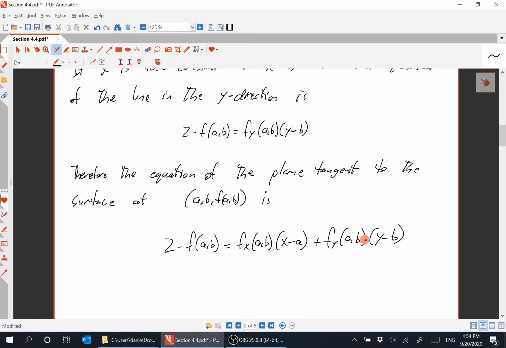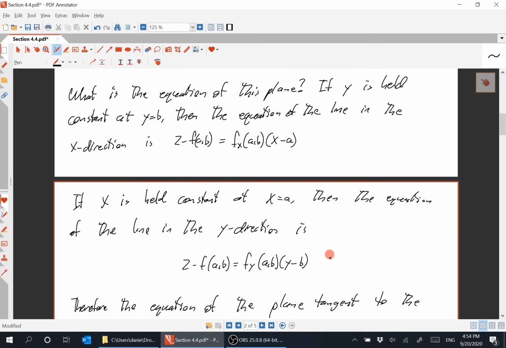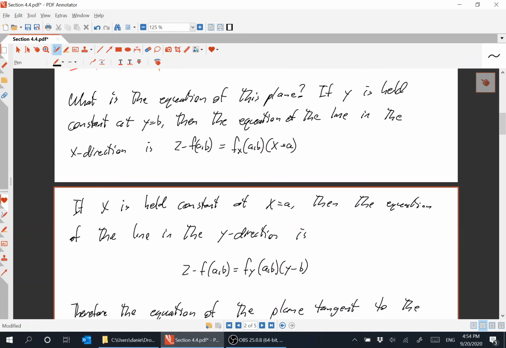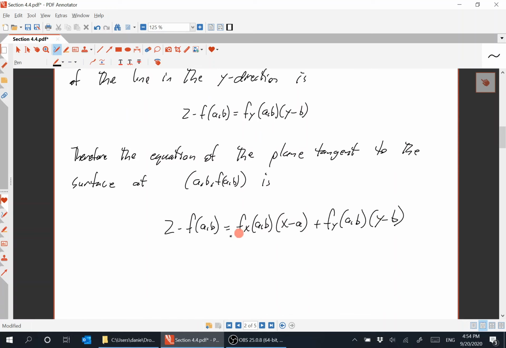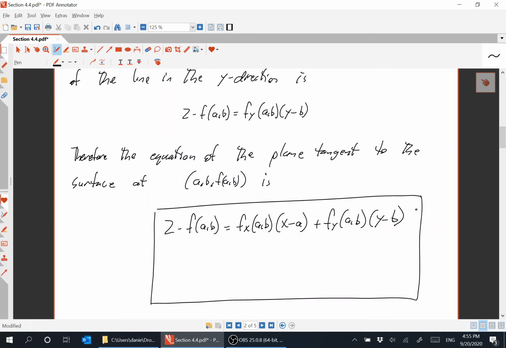And in the other equation, y is held constant to be y equal to b, which makes this 0. So you get that equation. So if x and y are both varying, then the equation of the plane, which always has this kind of form, looks like this. Okay, so that's the equation of the plane tangent to the surface at a given point.